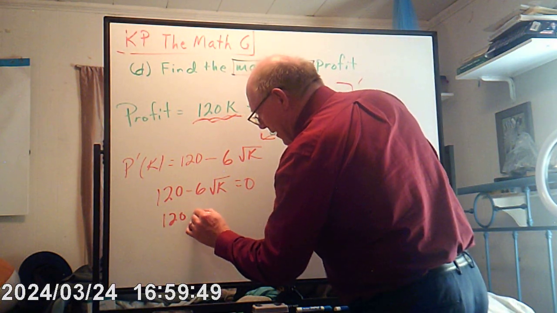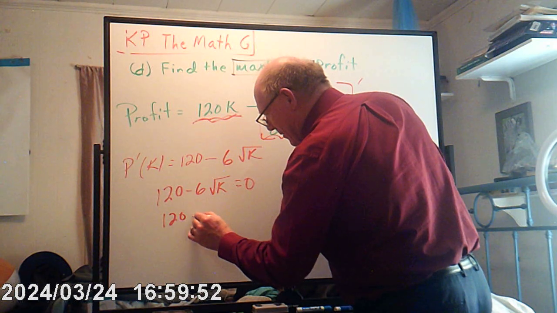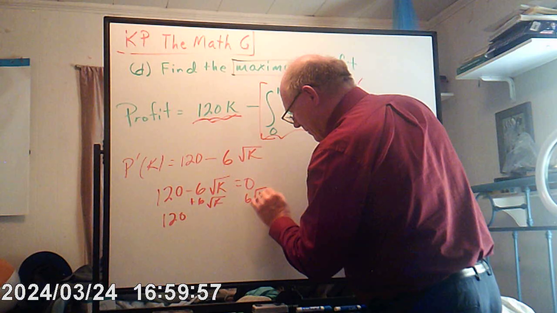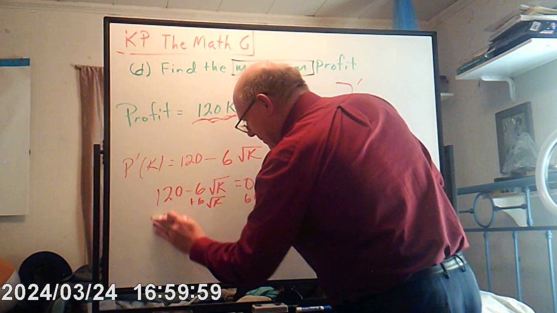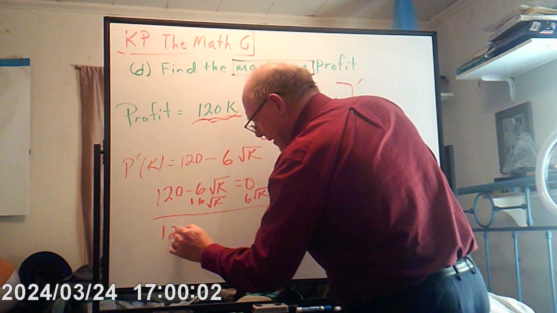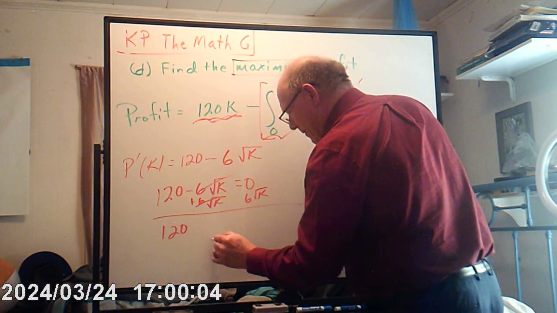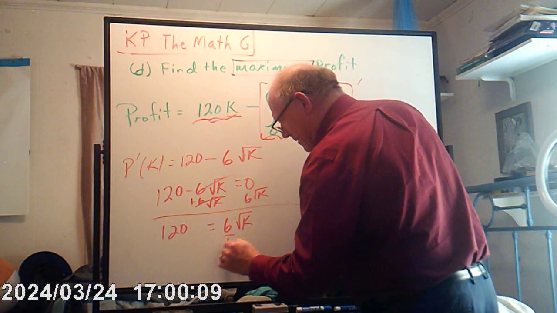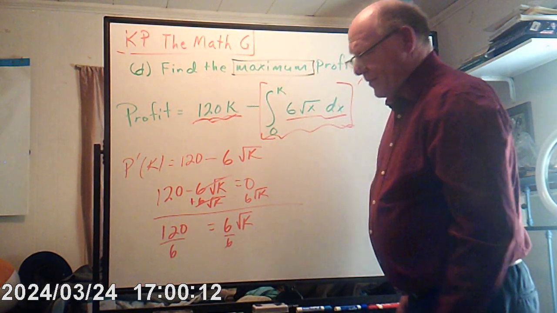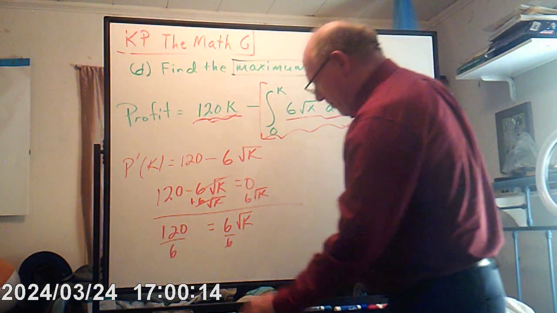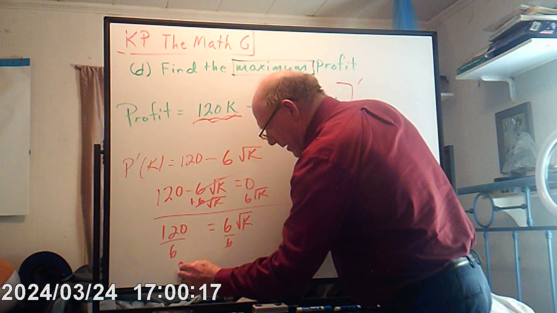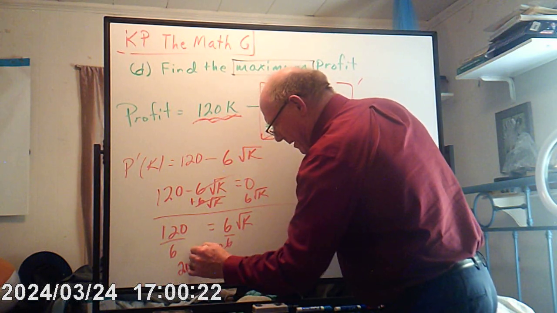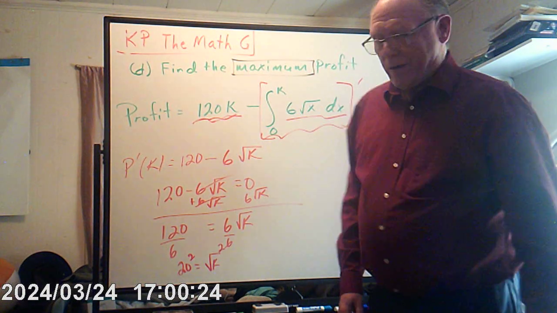So we have 120. Let's add 6 times the square root of K to both sides. So now 120 is equal to 6 times the square root of K. Working backwards, I'm going to divide by 6. 6 goes into 120 20 times, so 20 is equal to the square root of K. When we square both sides, 20 squared is 400.